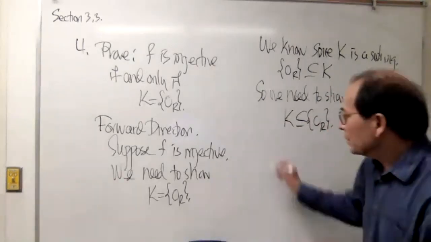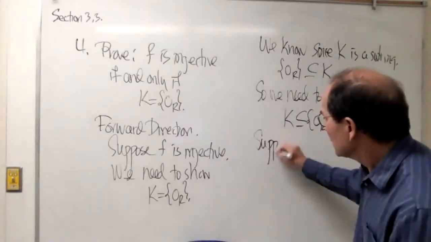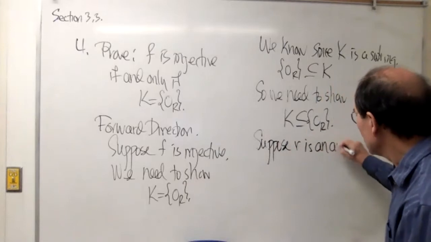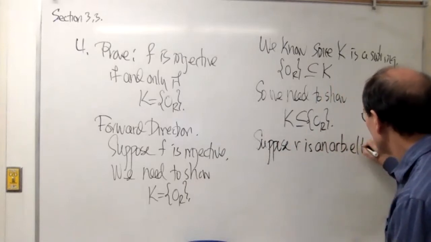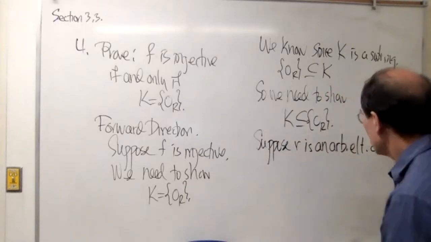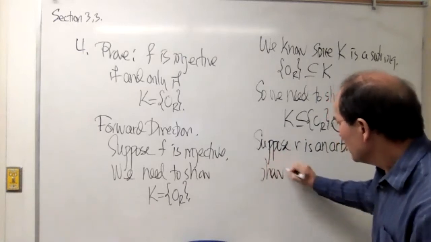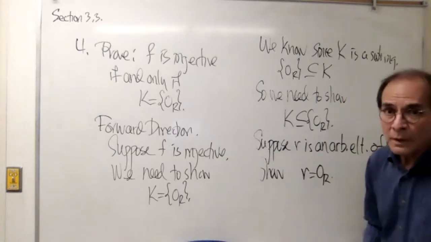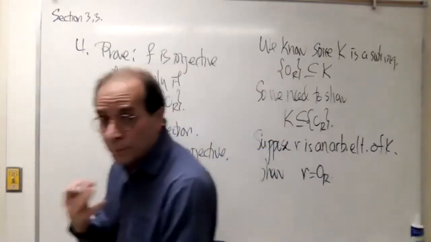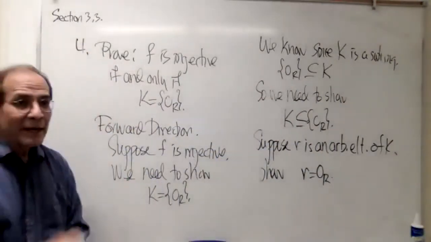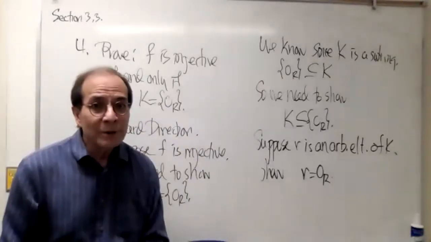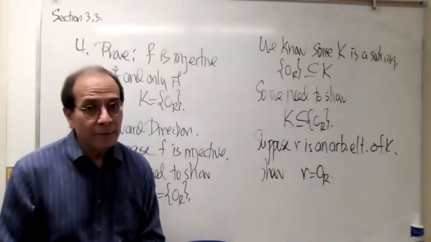So you're going to suppose, let's say, r is an arbitrary element of K, and then you need to show that r is equal to 0. So you're basically showing that if you pick just an arbitrary element in K, it's got to be 0.